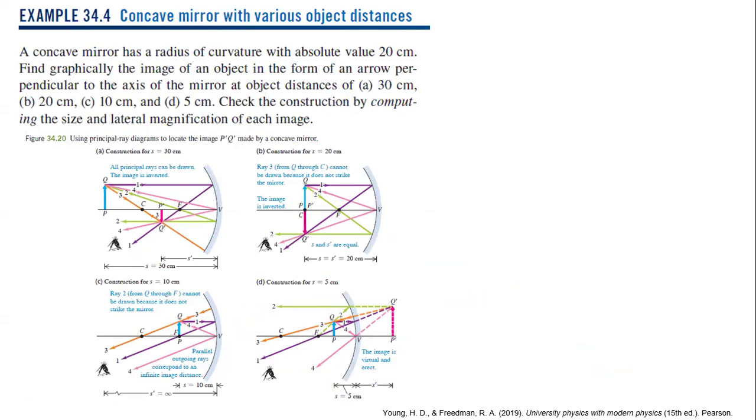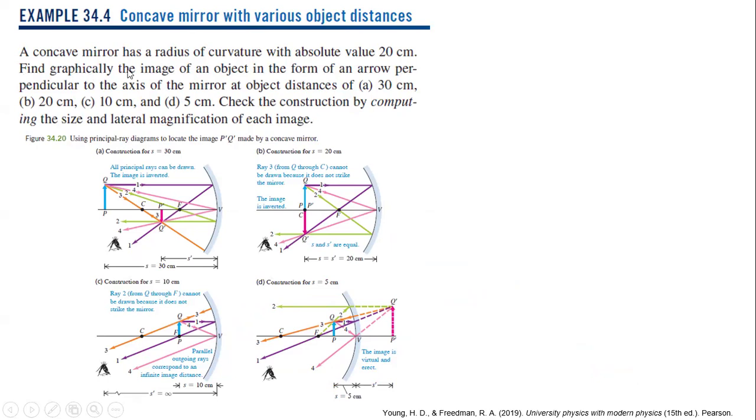You apply this to a problem. Okay. A concave mirror has a radius of curvature with absolute value of 20 centimeters. So we have a concave mirror. So we're going to answer this graphically.